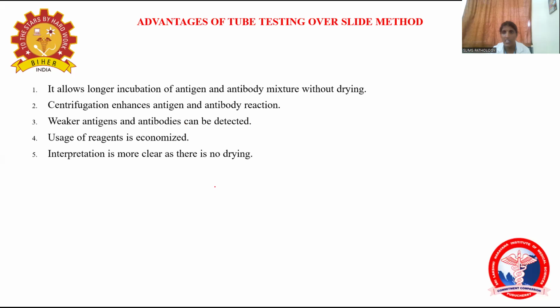If it is a weaker antigen also, it can be identified early. So weaker antigens and antibodies can be detected because of longer incubation. How come weaker is identified in tube rather than tile? Because of longer incubation and the centrifugation process, even weak antigens tend to react.